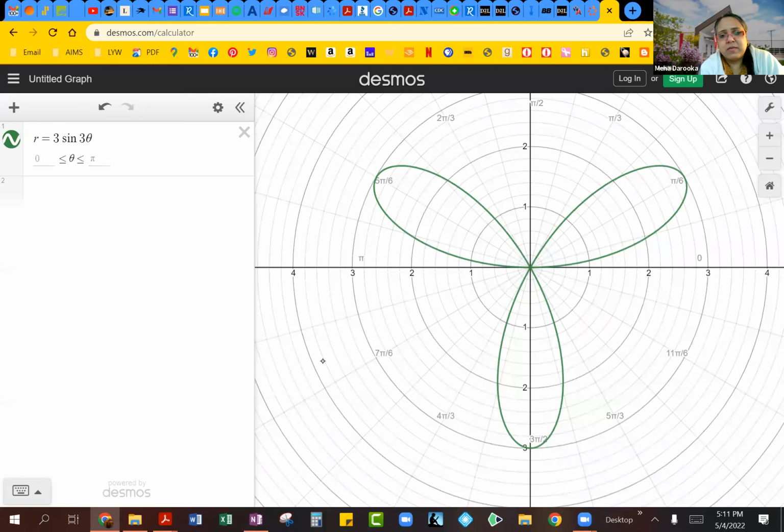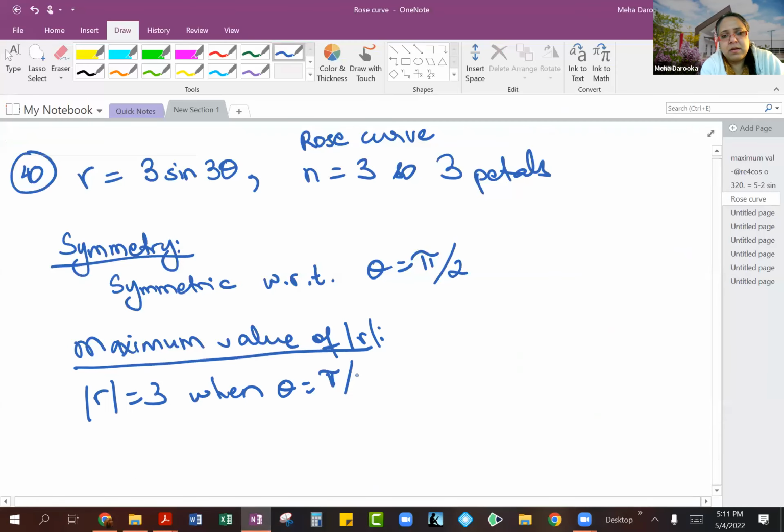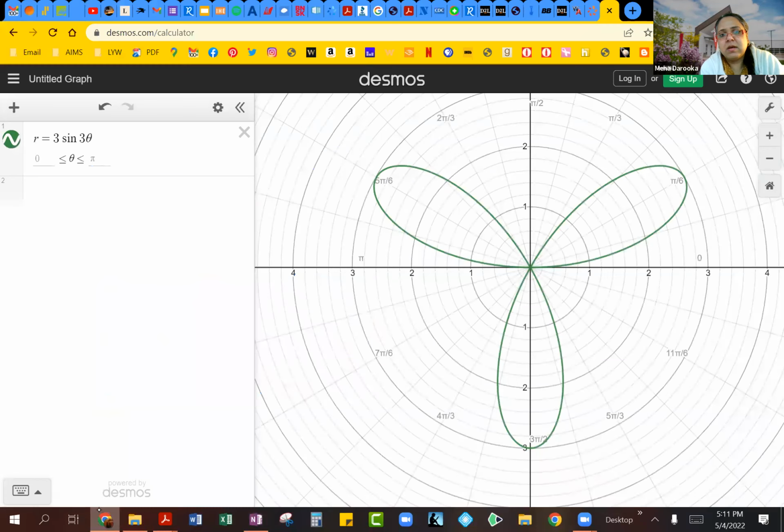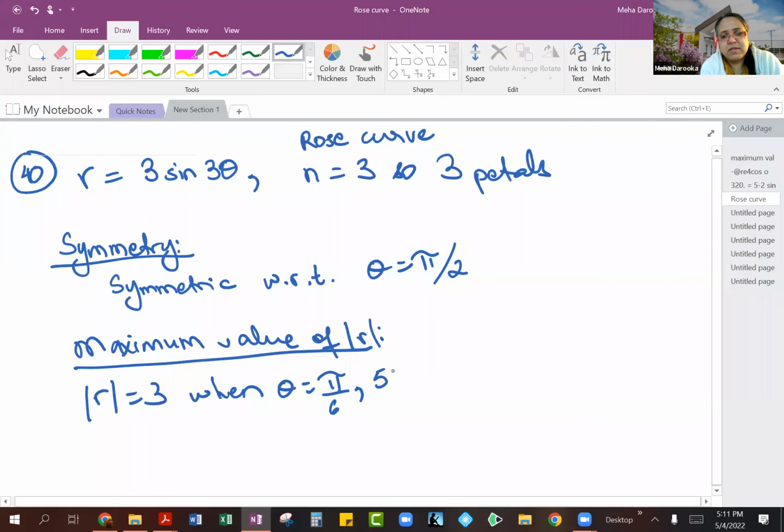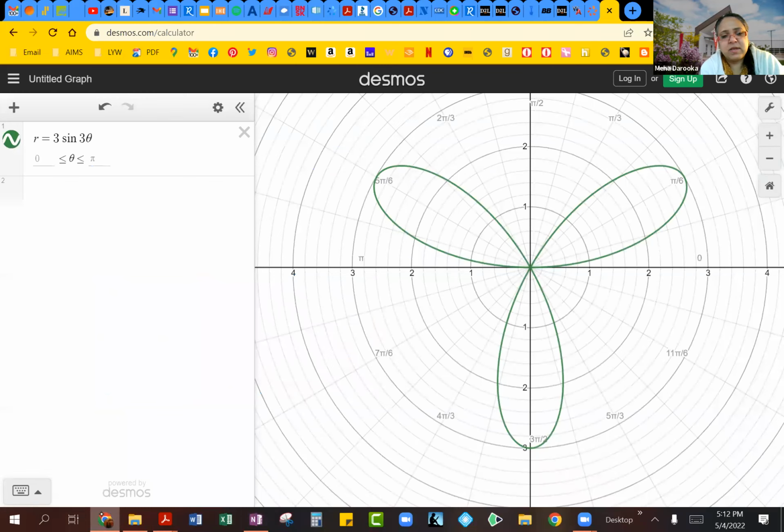So let's see, that was pi over 6, five pi over 6 and 3 pi halves.